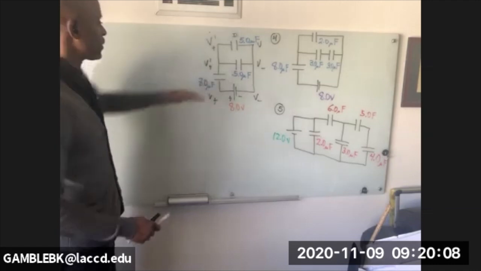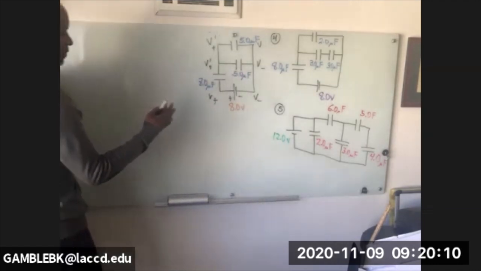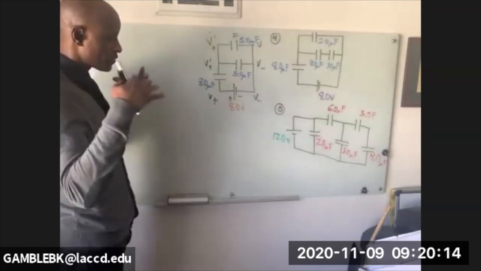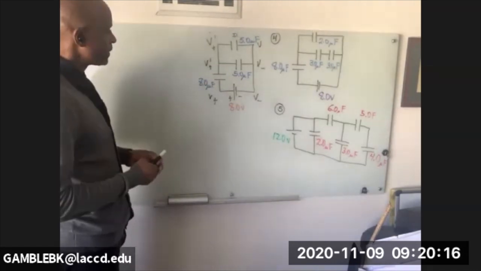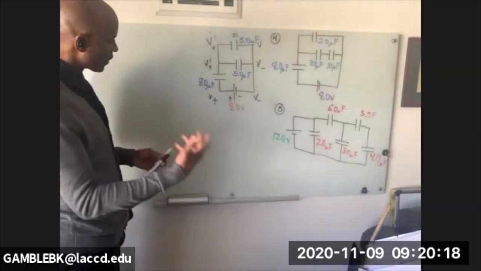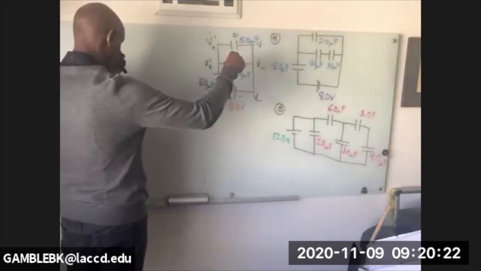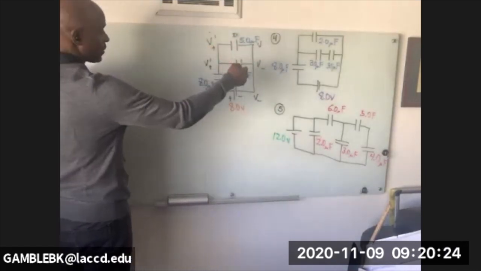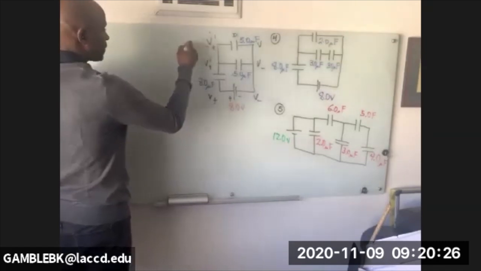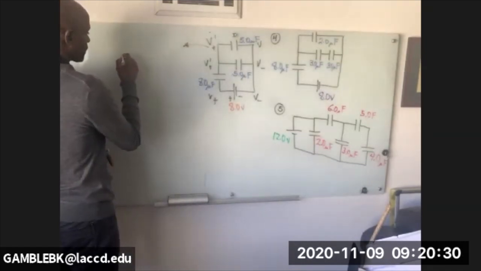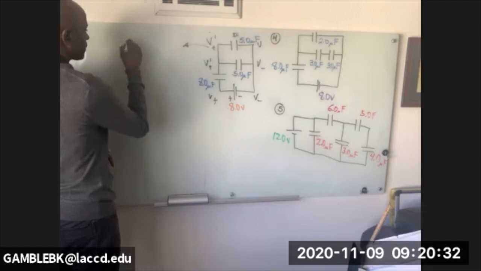But those are the rules, and you always want to know the basic rules, and figure out some way, whether you need to write it down or whatever, so that you're following those same patterns. And then it just becomes organic as you do it a lot. Anyway, this is a parallel combination, and parallel capacitors add. So when I redraw the circuit, I'm going to have a circuit that looks something like this.